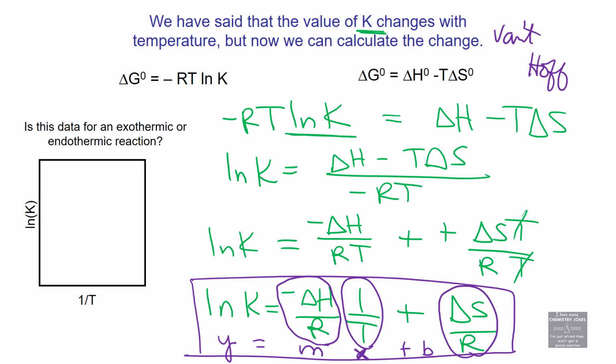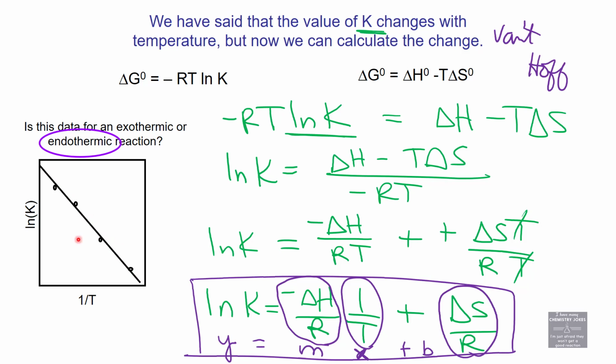So if this line is a negatively sloped line, that must mean that delta H itself is a positive number because there's a negative in my formula, right? So this must be the data for an endothermic reaction.